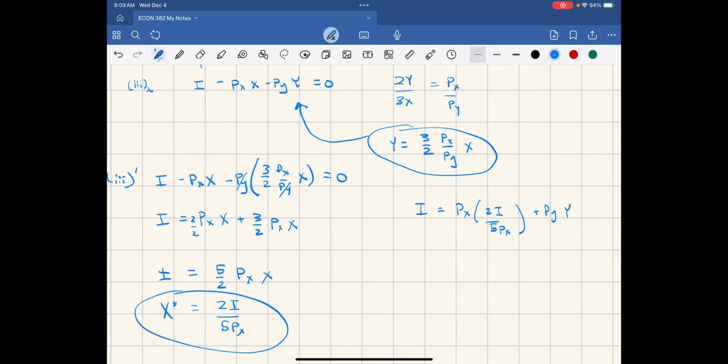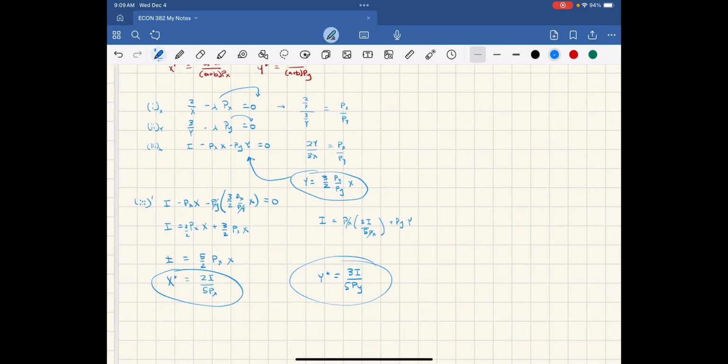And now I'm going to solve for y. And so y star is going to equal 3I over py, because those px's will cancel. And there should be a 5 in the bottom here. And that's how we solve the longhand for this.